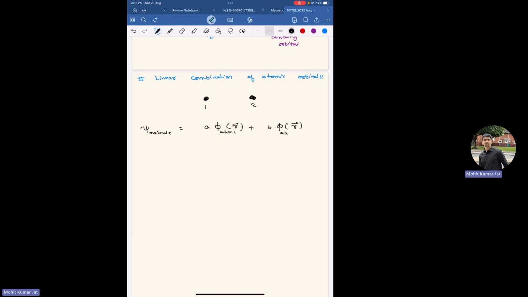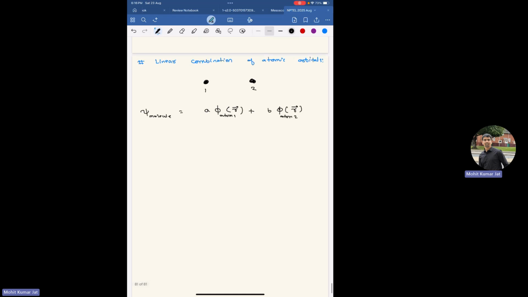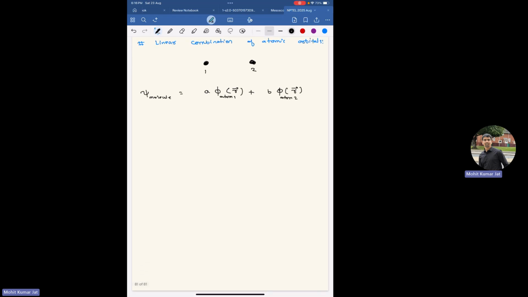Now, if they are symmetric atoms, and I'm taking that to be the case, like for example carbon only, in that case, a homonuclear molecule, your wave function can take either value, because then the absolute values of A and B will be the same, right?